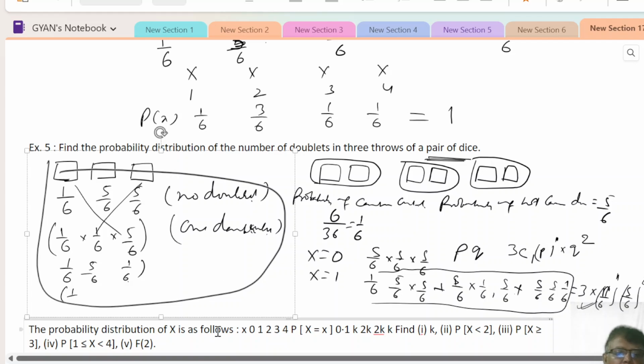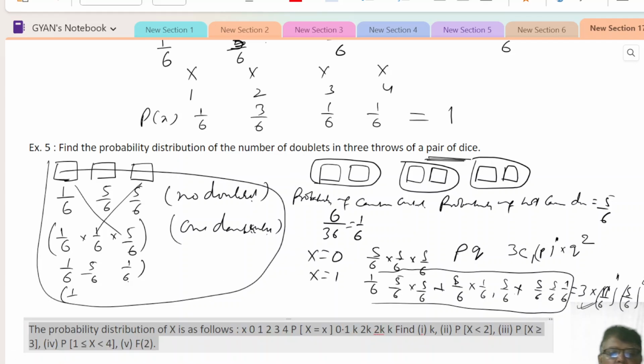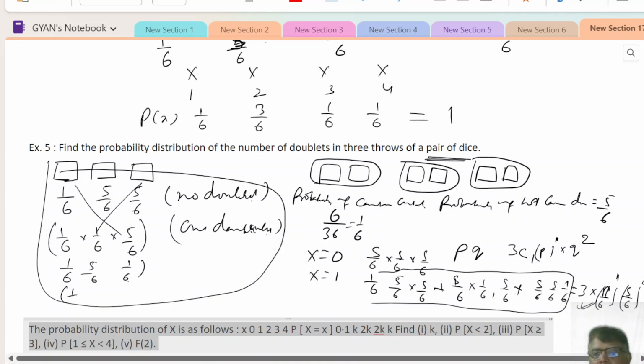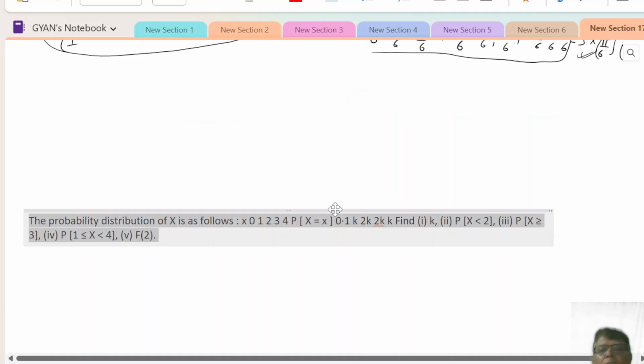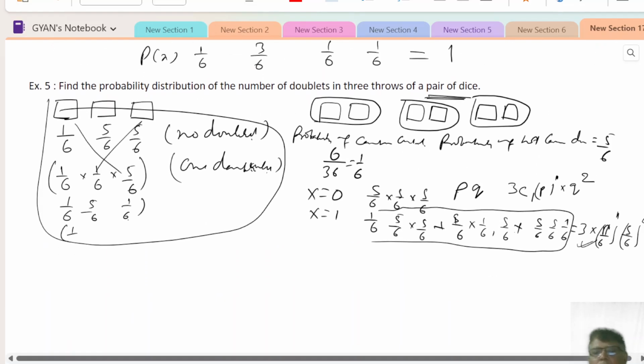Now come to two doublets. So two doublets will be 3 into 1 by 6 and into 5 by 6.